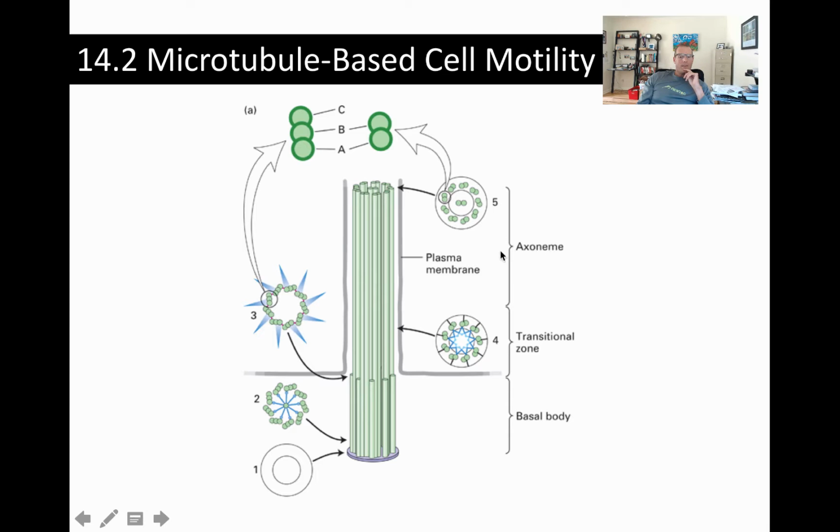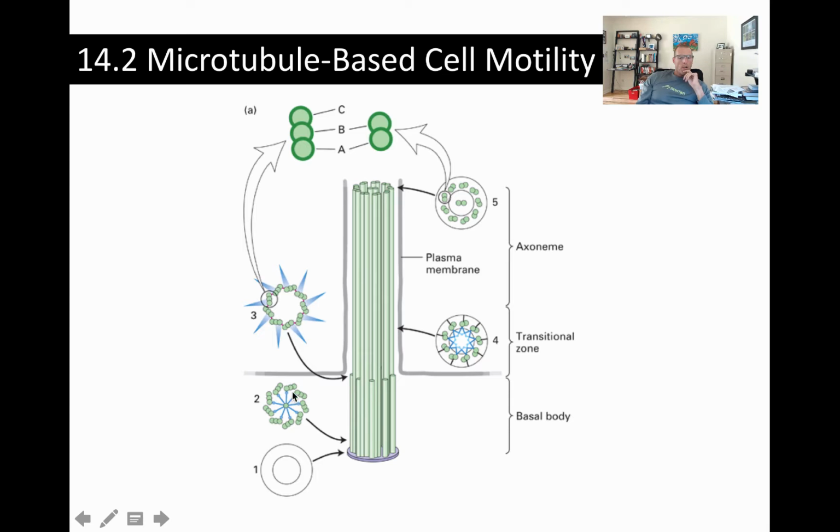Between the axoneme and the basal body, there is a transitional zone, and that's important because the microtubular arrangement down in the basal body is slightly different than the arrangement in the axoneme, and so this transitional zone transitions the microtubule arrangement from the basal body to that which you see up in the axoneme.